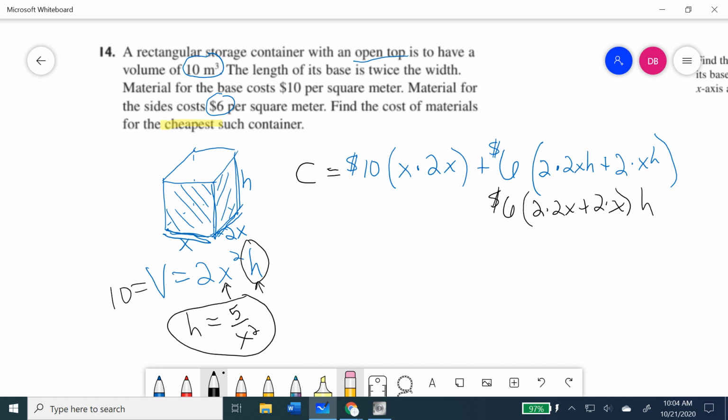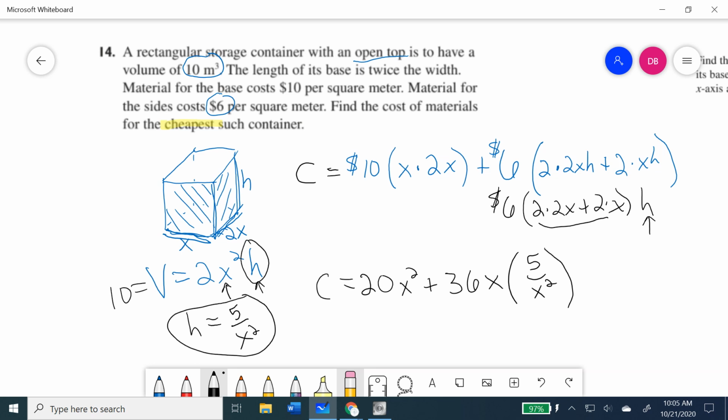And now that I have a formula for my height, I can plug that into the variable for height. And I'm going to simplify as I go along. So I have 10 times 2x squared. And in here, this is 4x plus 2x makes 6x times another $6. And then times the h, 5 over x squared.